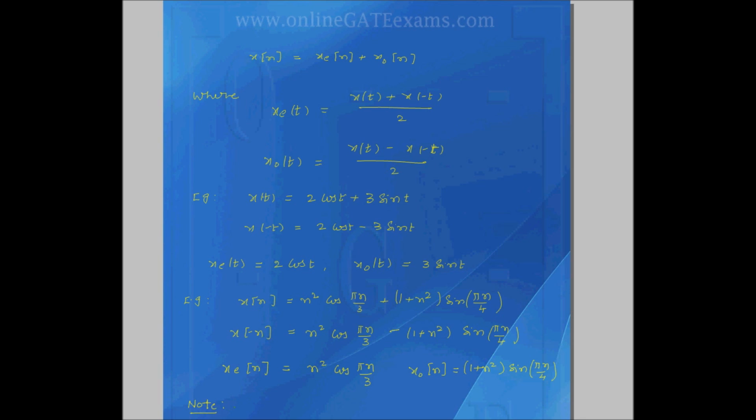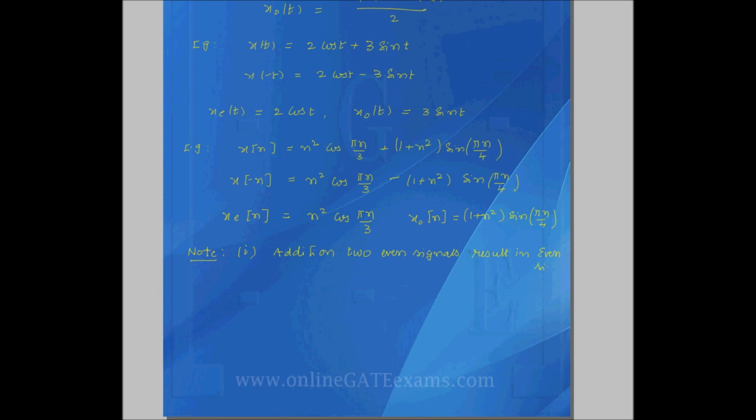So, first note: if you add two even signals, the addition of two even signals results in an even signal.